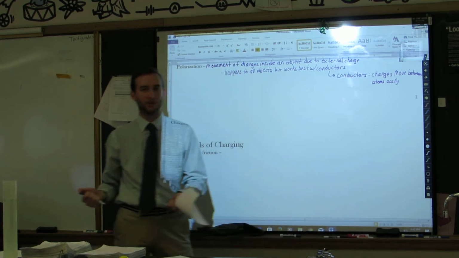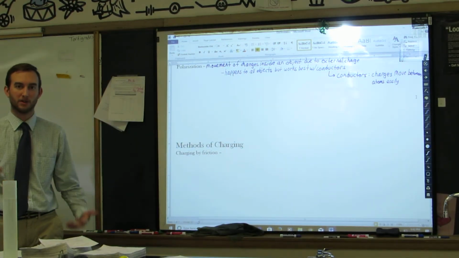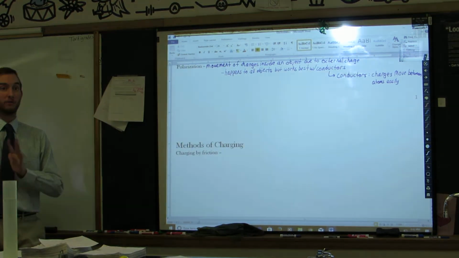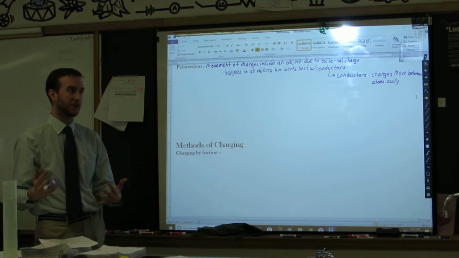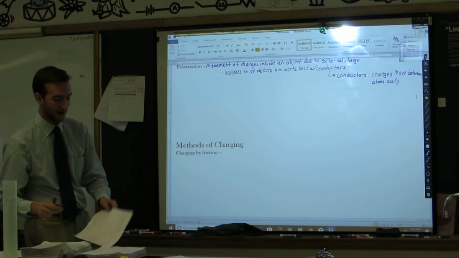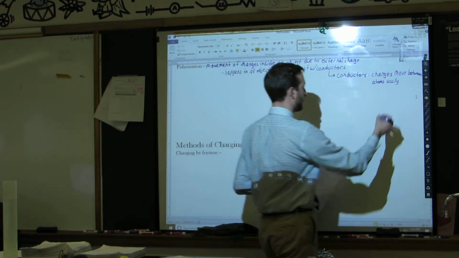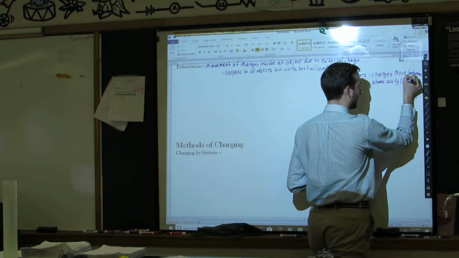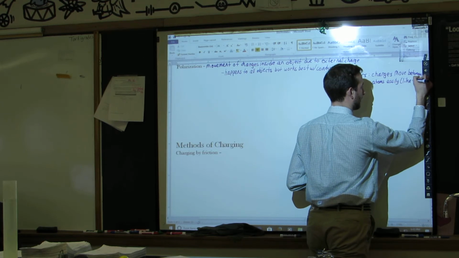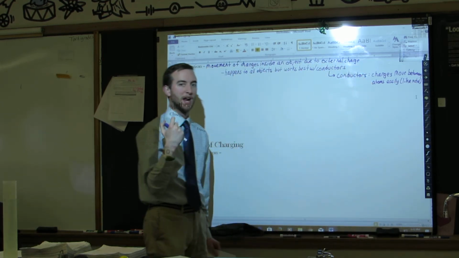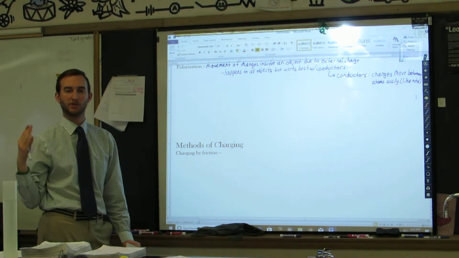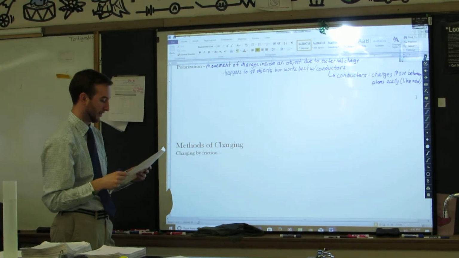Most obvious example of a good conductor is metals, okay? That's the whole point of why we use metal wires. Metal allows the electrons to move very easily throughout the wire. There are other good conductors as well, like water.